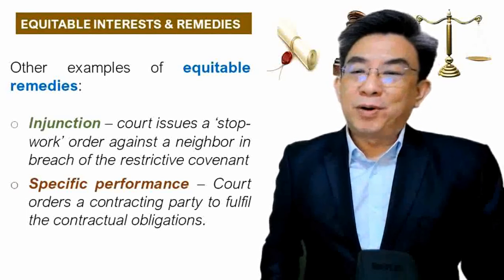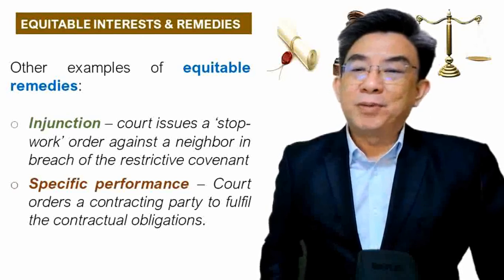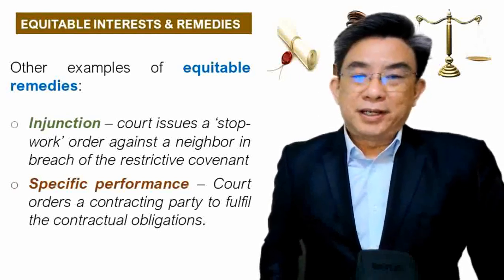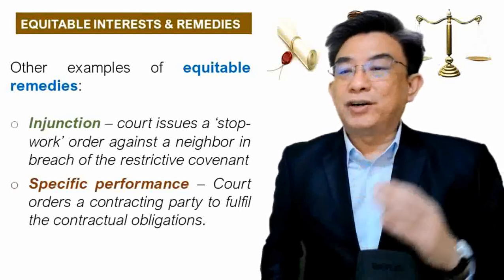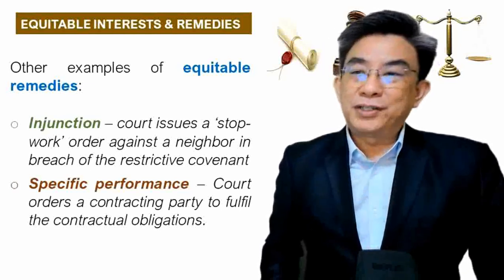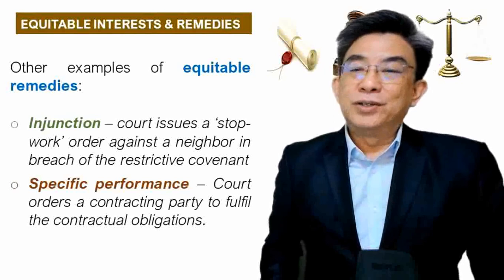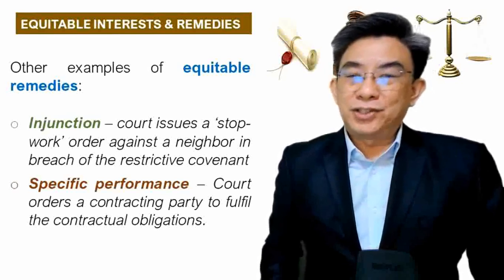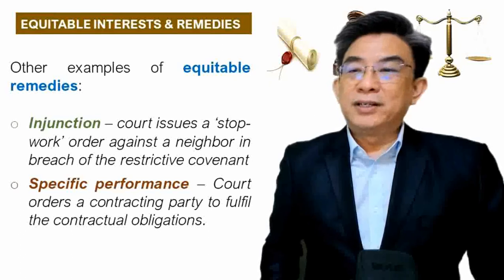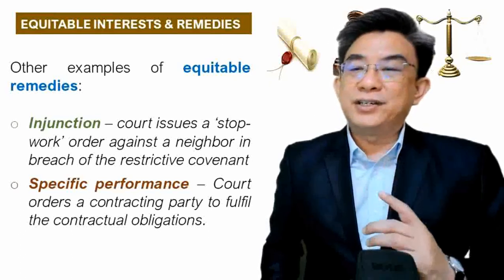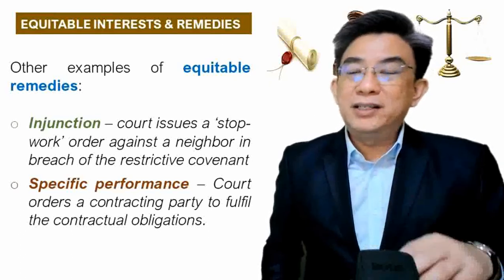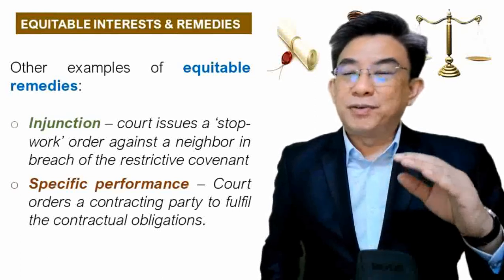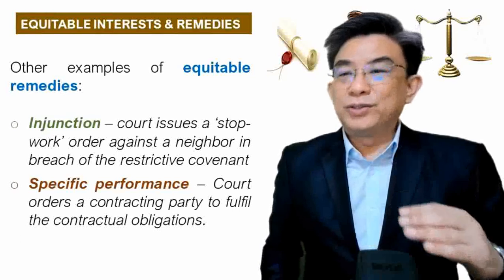Now, specific performance: the court can order a contracting party in breach of the contractual obligation to perform the contract. With equitable remedies, basically the judge has to ascertain whether there was an intention, at the point when these two parties struck a deal, for them to enter into the contract.